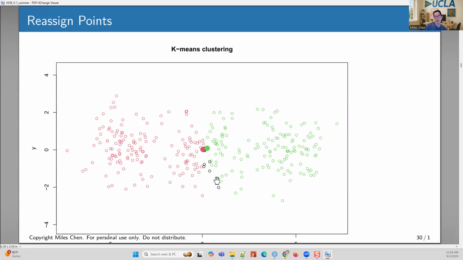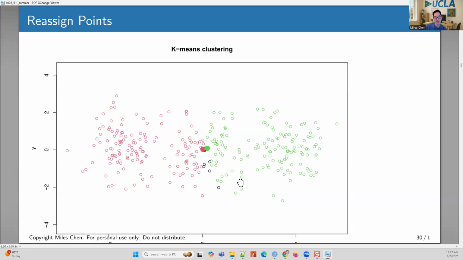There is a possibility that after you do reassignment, you start off with three clusters and then after reassignment, there's only two. That could happen. It's rare. And in that case, you end up just searching for two clusters. So you probably just have to redo the random assignment in the beginning to make sure you find three clusters.